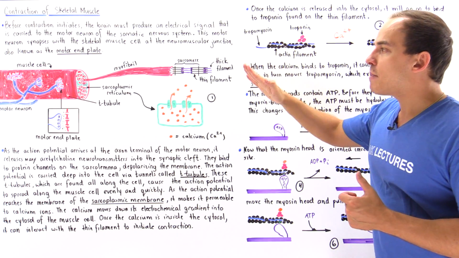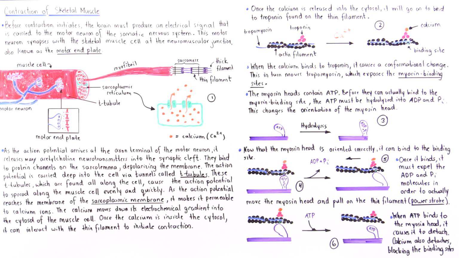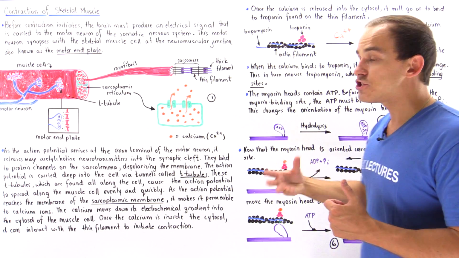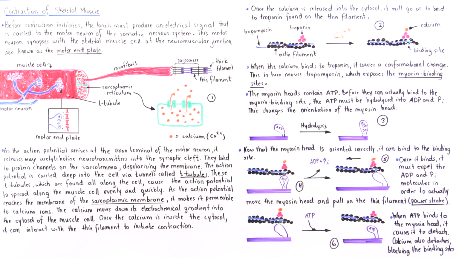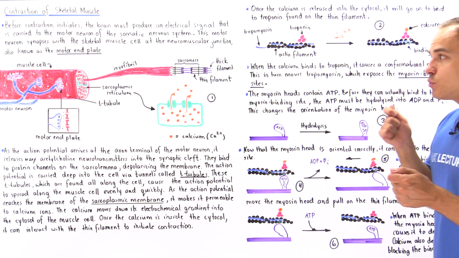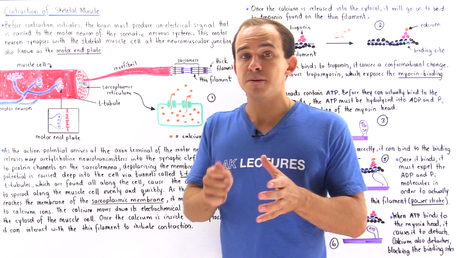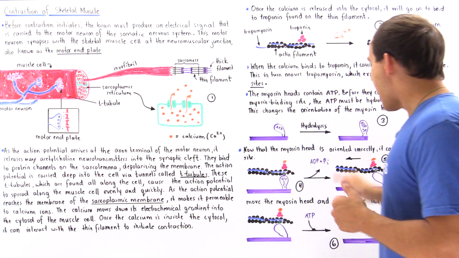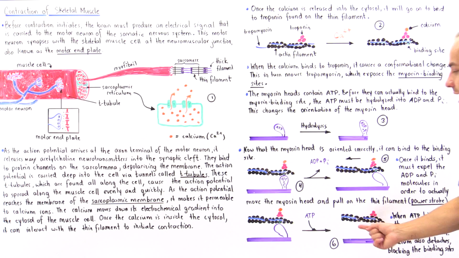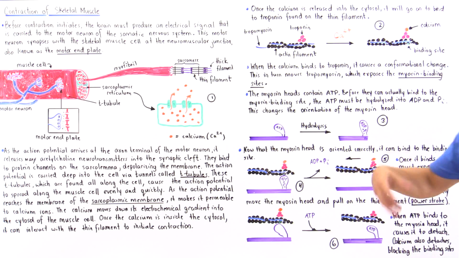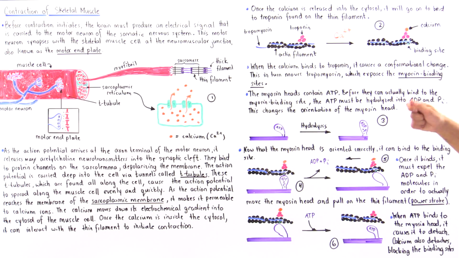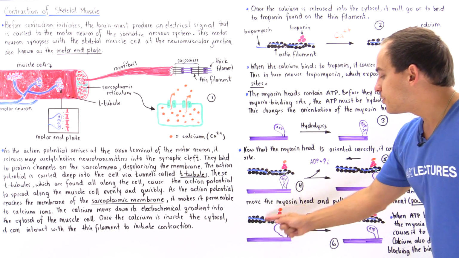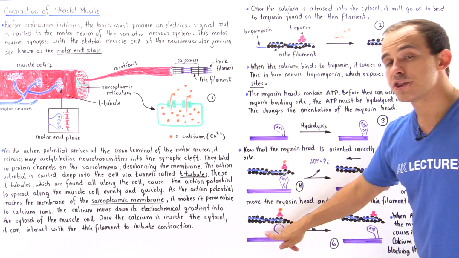So once that power stroke takes place, we have to detach that myosin head from our thin filament. And the way that we do that is we bind an ATP molecule onto our myosin head. So in the last step, we take an ATP molecule and bind it onto our myosin head, and that releases our thin filament from our thick filament.